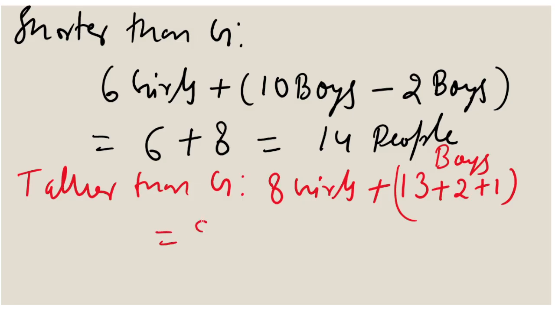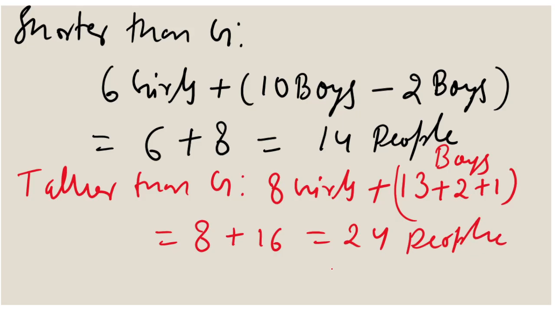So from here 8 plus 16 makes 24 people. So we can say 24 people are taller than G and 14 are shorter than G.